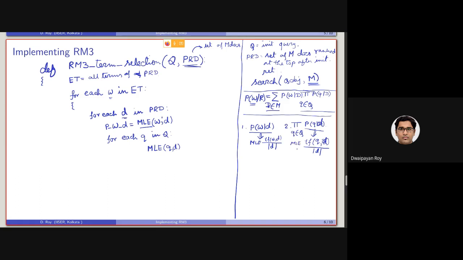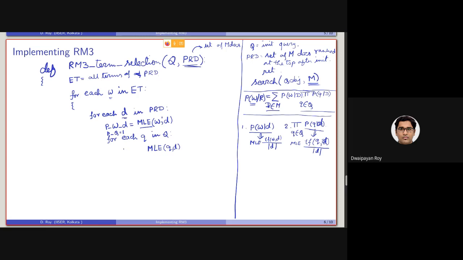Now note that for each query term we need to consider their product, isn't it? So we need to store it somewhere, initialized to 1. Let's declare a variable, probability of Q, initialized to 1.